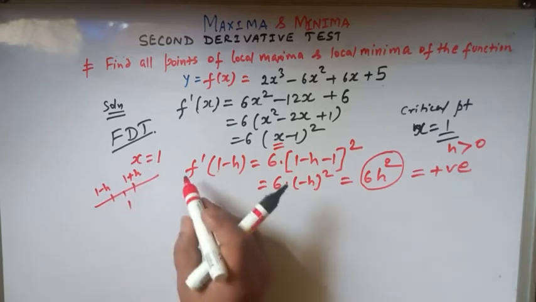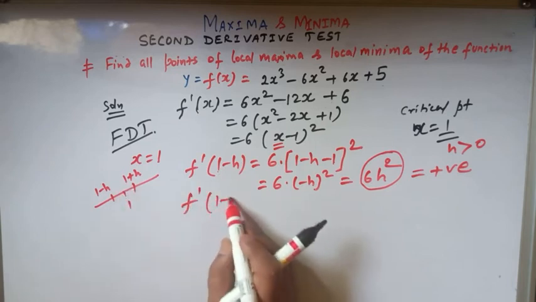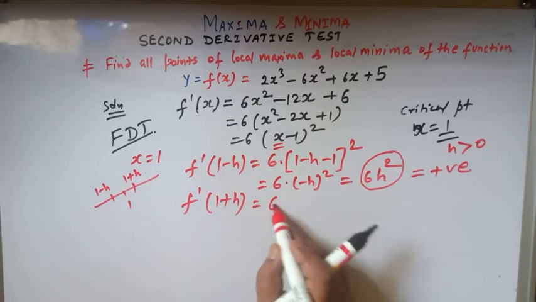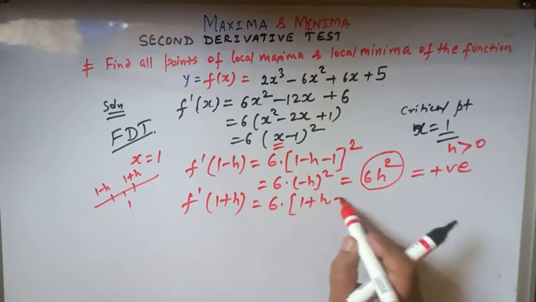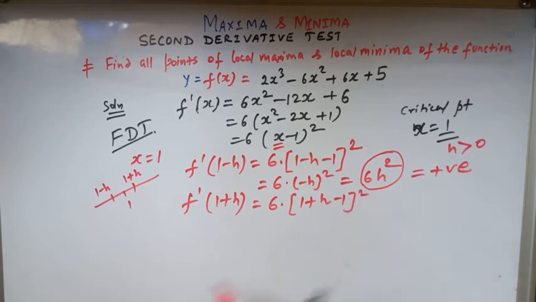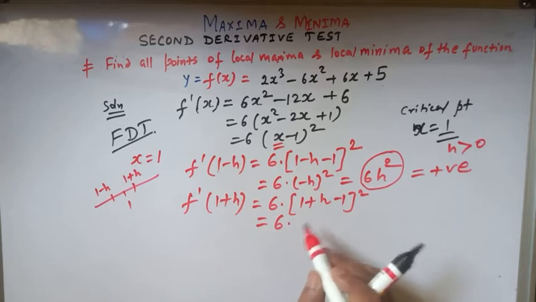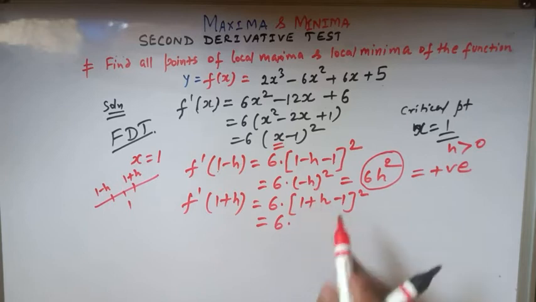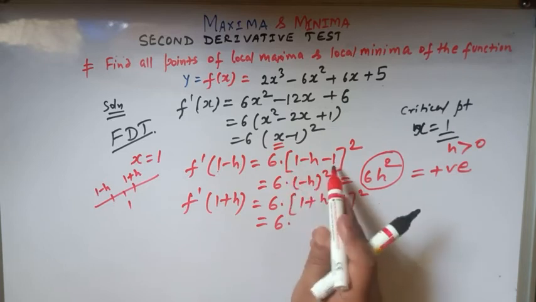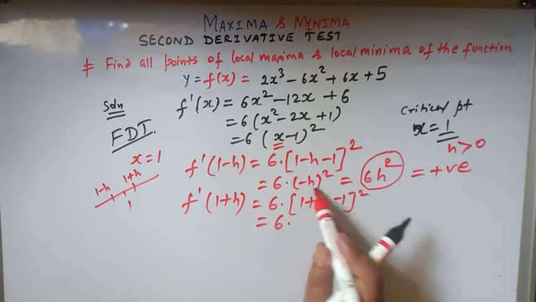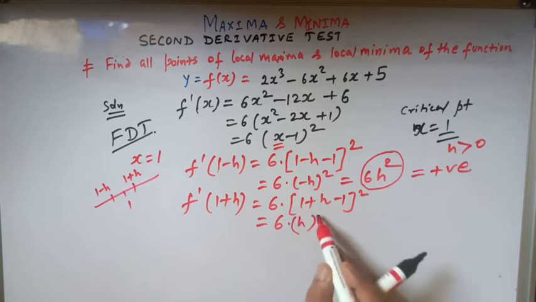Clear? Now the sign at 1 + h: f'(1 + h) is 6 times (1 + h − 1)², where 1 and −1 get cancelled, and we get h².